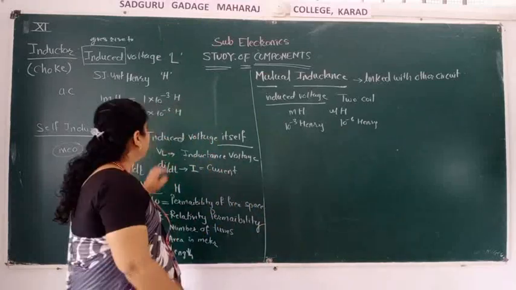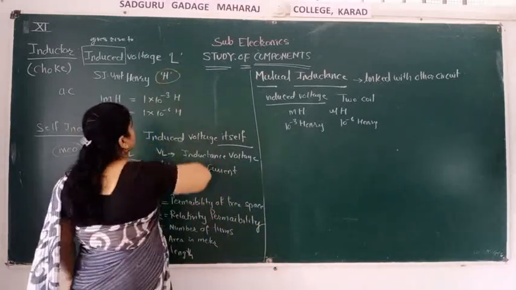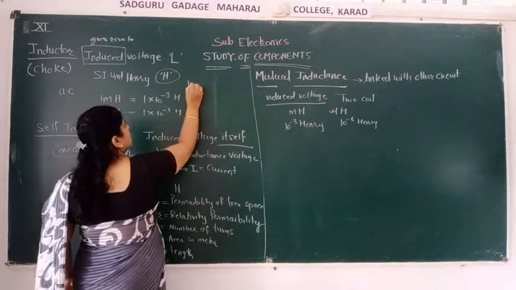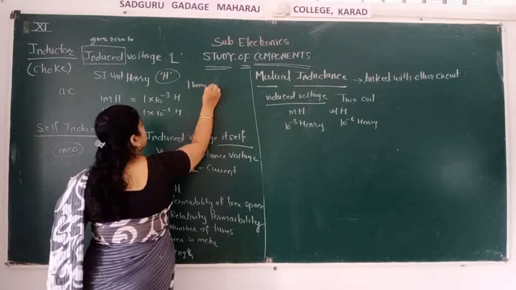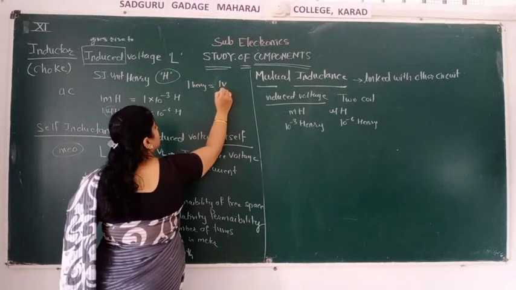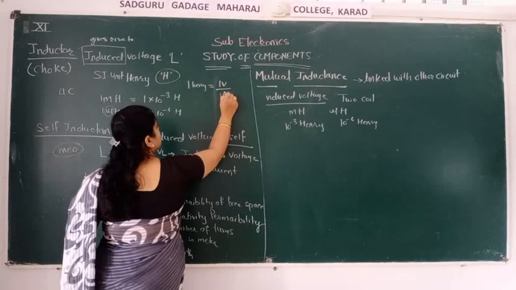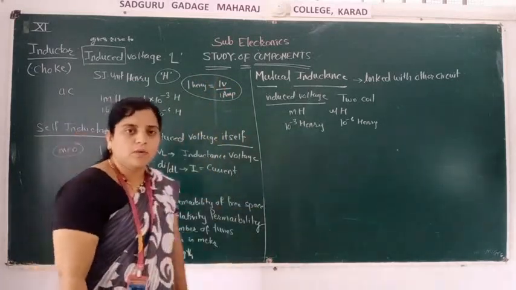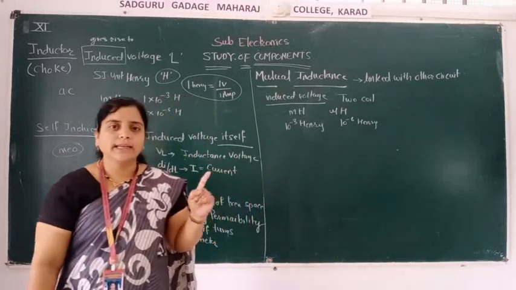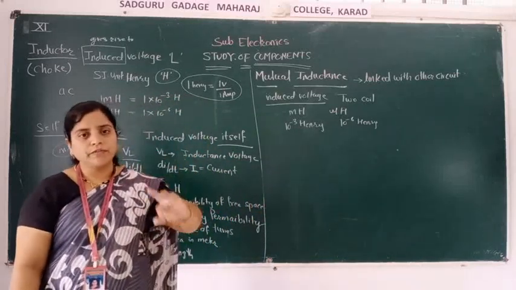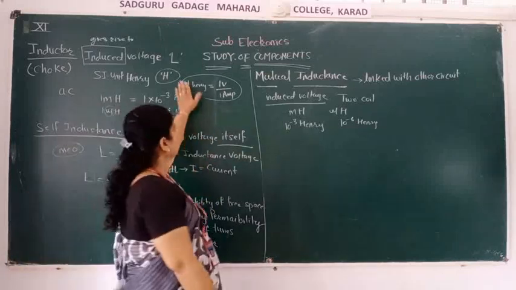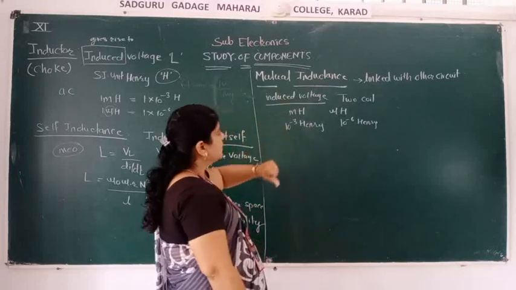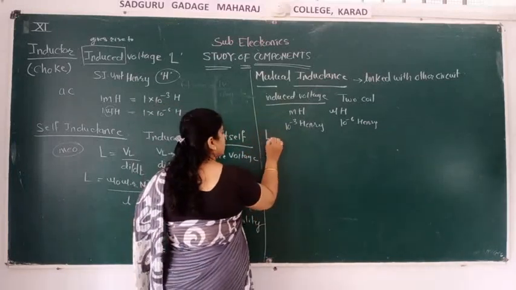Tell it like this: 1 Henry is when 1 volt is induced by a current of 1 ampere. So this is mutual inductance.